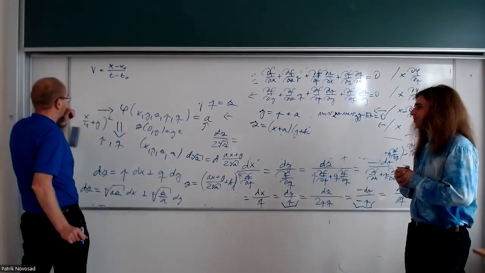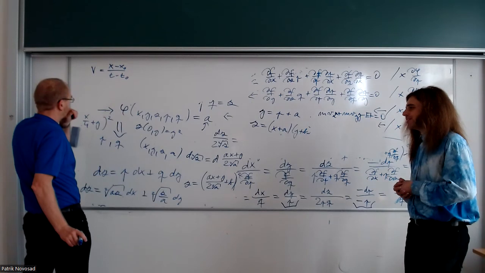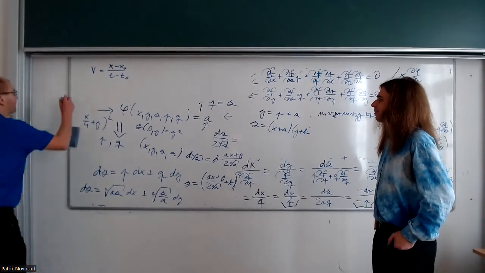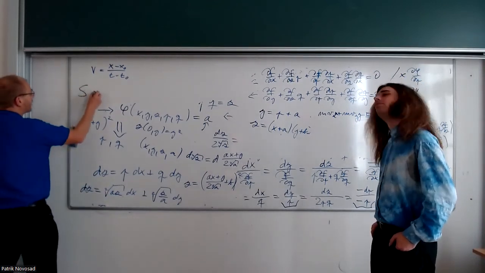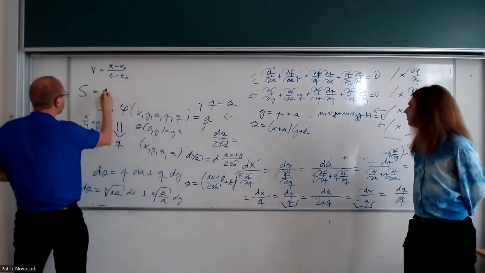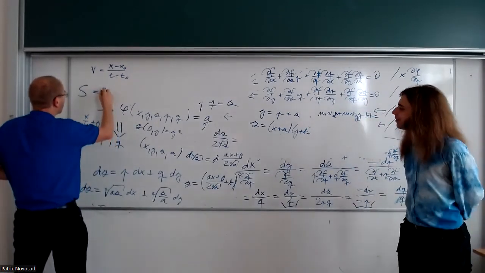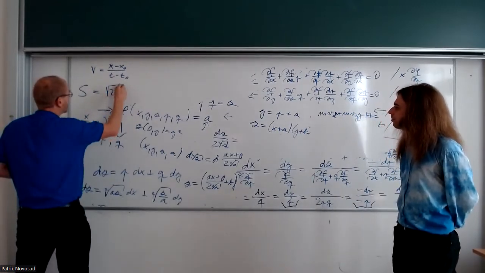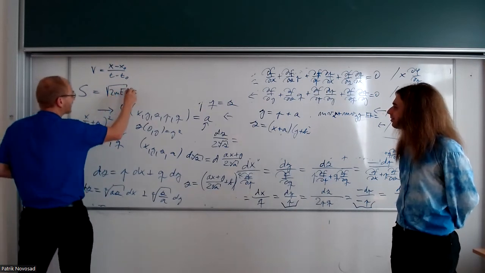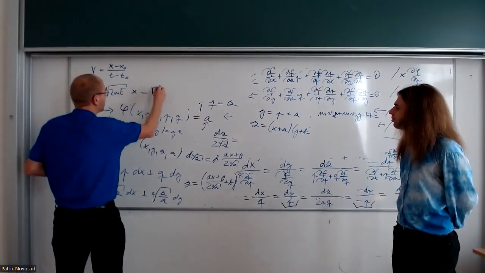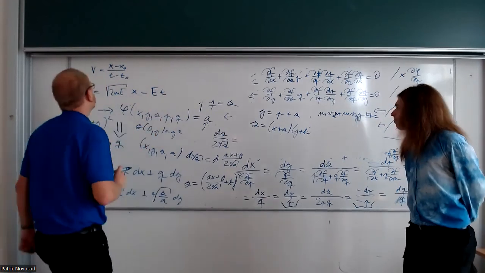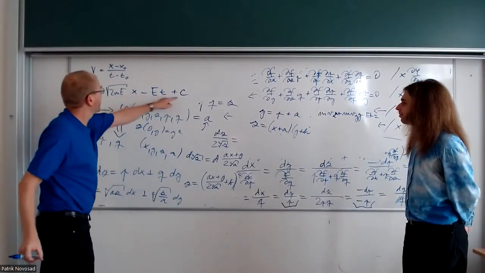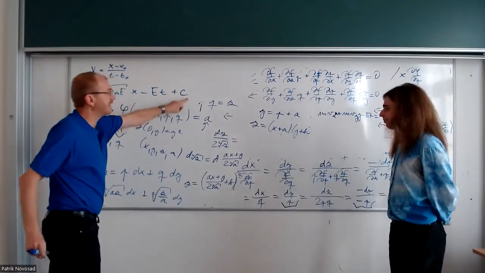You can have a solution like this, which is the momentum times x minus Et, and maybe plus some additional constant. So these are the two parameters: E is one, and C is the other one.